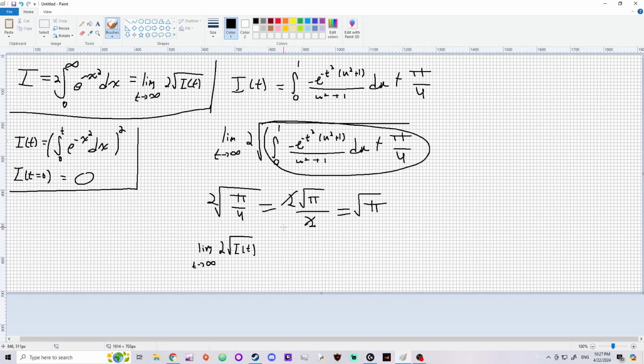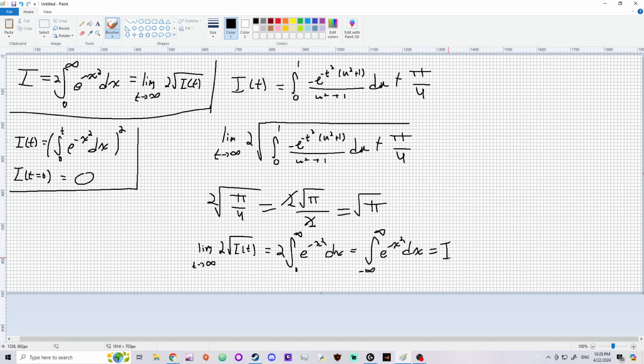This is equal to 2 times the integral from 0 to infinity of e to the negative x squared dx, which is also equal to the integral from negative infinity to infinity of e to the negative x squared dx. That's our original integral. The answer is the square root of pi.